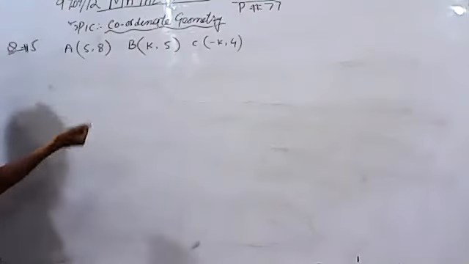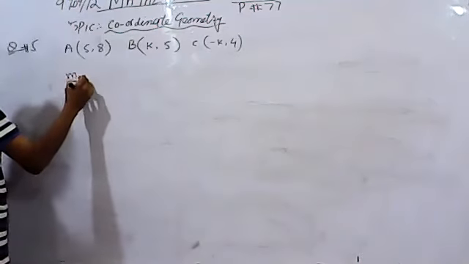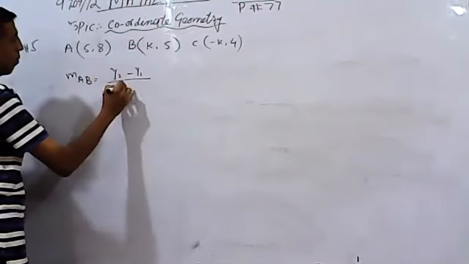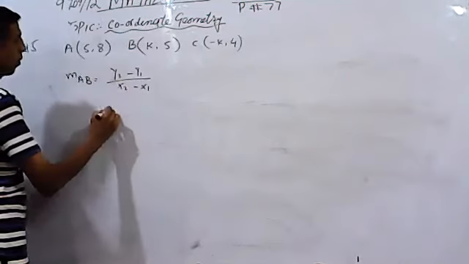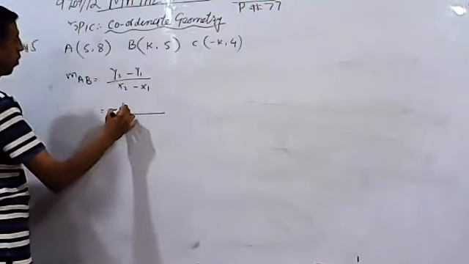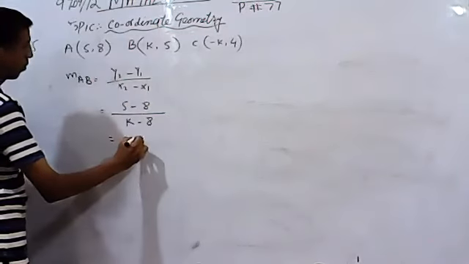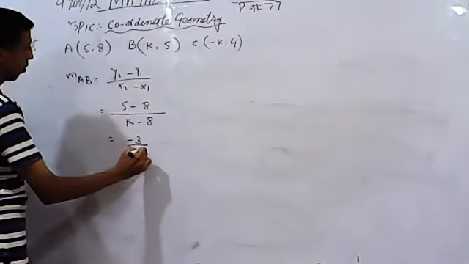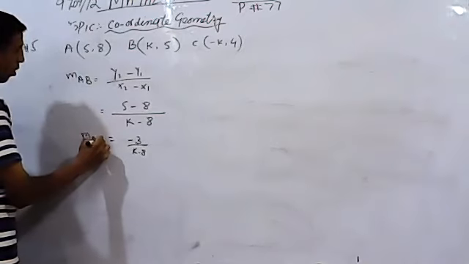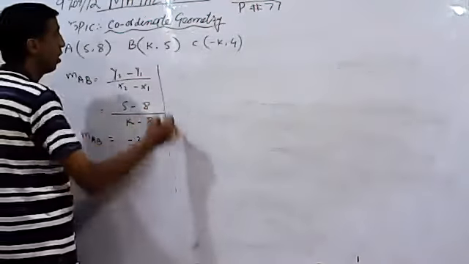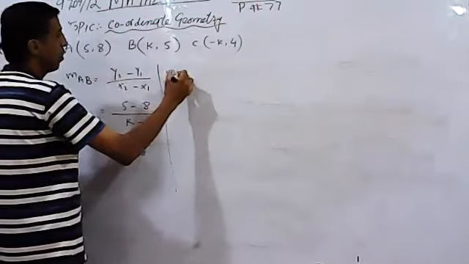Just I get the gradient of AB. One of the gradients is this one in the form of k. Get the gradient of BC.